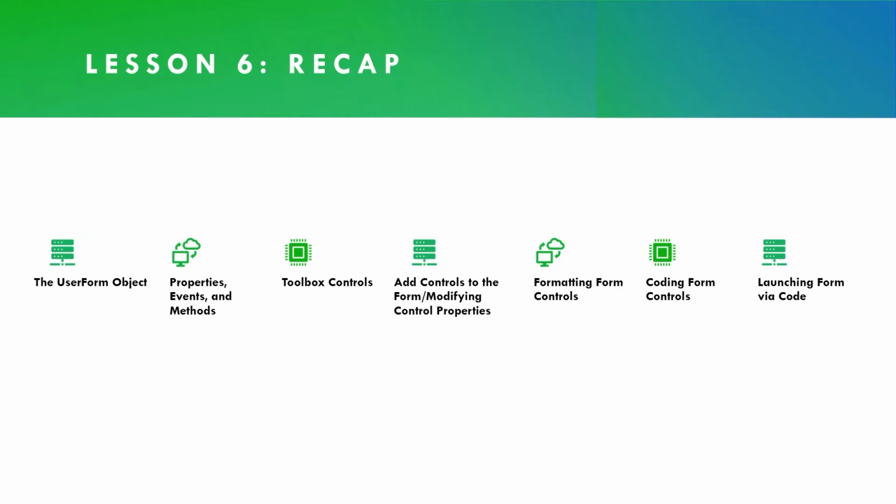And then we did some formatting of form controls in terms of alignment and grouping, and we moved on to creating code for form controls in a built-in class module. And we used a lot of code from a text file that was in the files in the video description. We ultimately ended up launching the form via code, and we will be revisiting using the form in a later lesson.